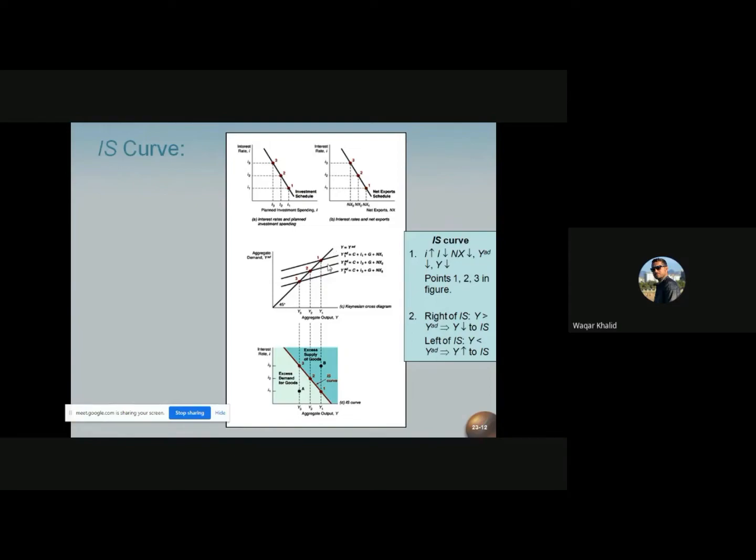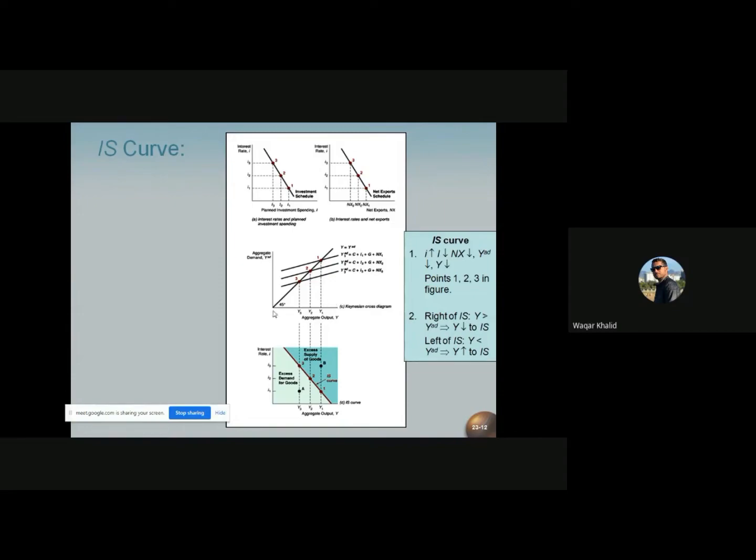And you know that when the aggregate demand curve touches the aggregate output, point 1 is known as the equilibrium output level. At this equilibrium output level, Y is equal to YAD, or we can say that Y is equal to Y1 AD.